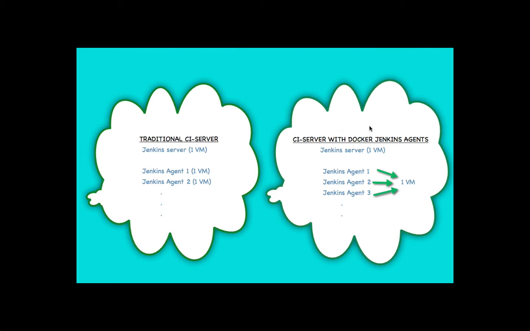But in case of a CI server with Docker Jenkins agents, you have just one host on which one operating system will be running, and you can run 4 or 5 Jenkins agents on the same server. We will discuss other advantages of why a CI server with Docker Jenkins agents is more useful, but right now let's quickly go to the demo.